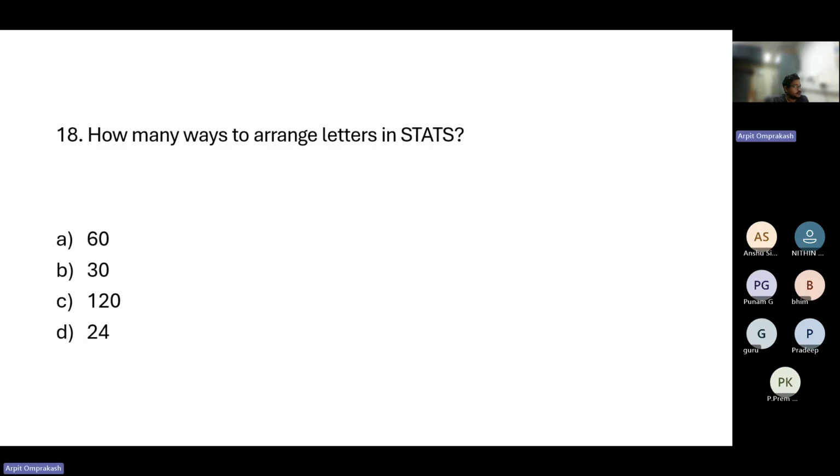Since we have 5 letters, they can be arranged in 5 factorial ways total.